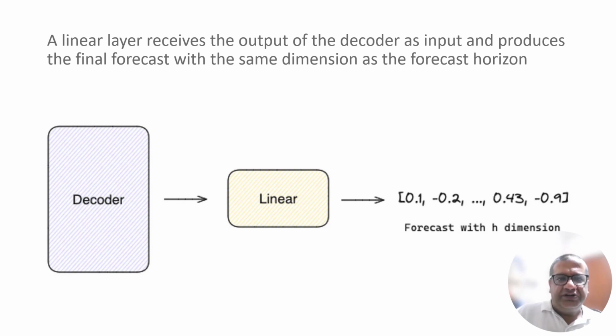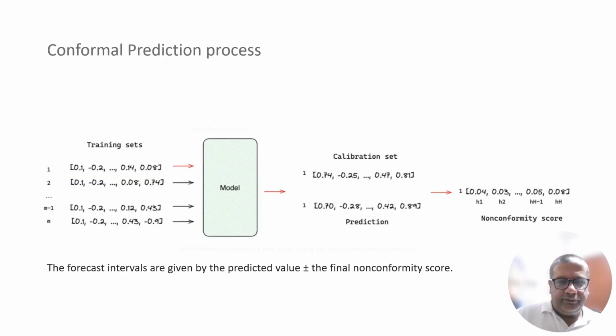These calculated residuals are called non-conformity scores. We select a specific quantile from the distribution of non-conformity scores for each forecast horizon h. The chosen quantile determines the forecast interval's coverage level, with a higher quantile resulting in a broader interval. Lastly, we can see here the forecast intervals are given by the predicted value plus or minus the final conformity score.